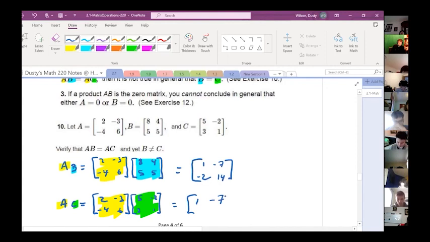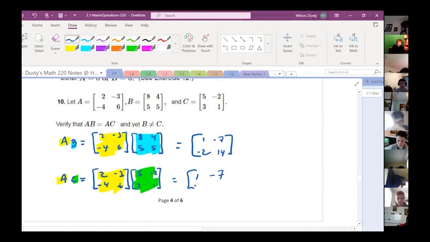Minus 7, minus 20. Minus 20 plus 27 is 7. Wait, 20 plus 18 is minus 2. And 8 plus 6 is 14. So notice here you have AB equals AC, but B does not equal C.